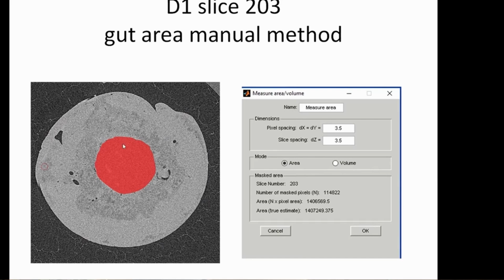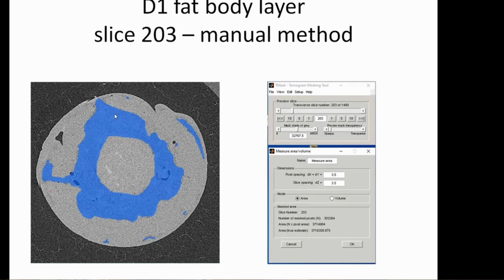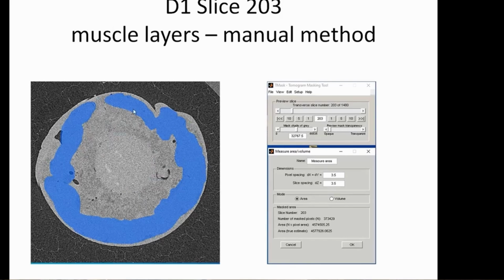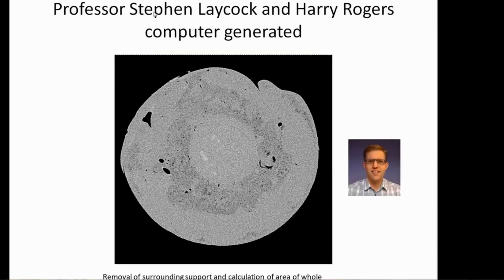select out the lumen of the bowel, and to select out what we thought was fat and what we thought was muscle, that being a surrogate marker for protein. This study is ongoing at the moment, but thanks to the help of Dr. Stephen Laycock and another PhD, Dr. Harry Rogers, they're working as we speak on looking at computer generated analysis.